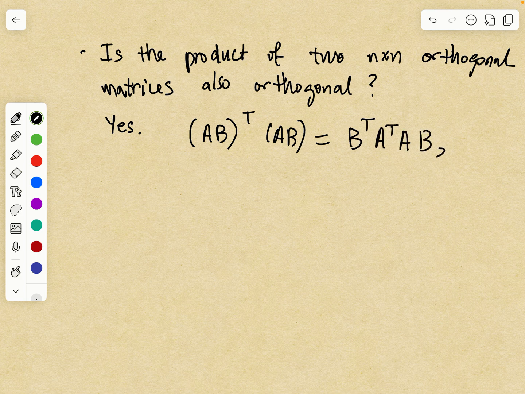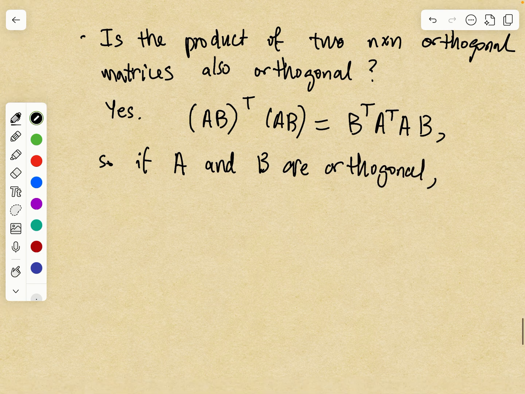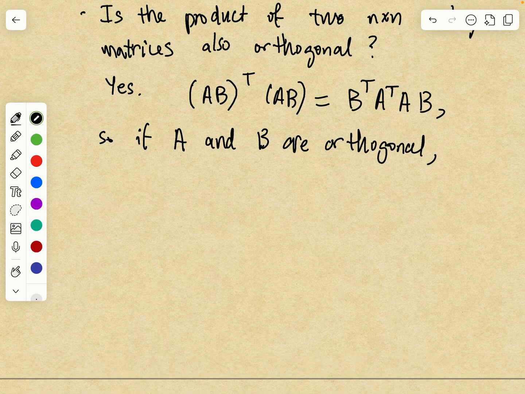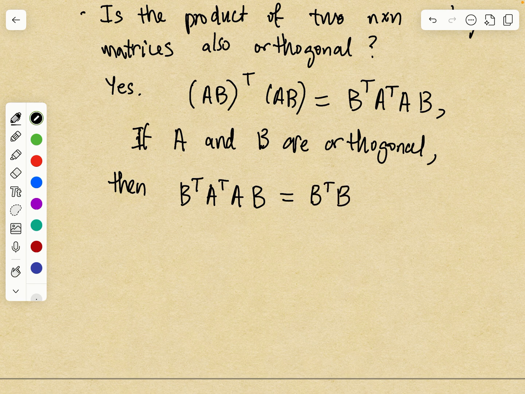If A and B are orthogonal, then B transpose A transpose AB is equal to B transpose B, because A transpose A is the n by n identity matrix.